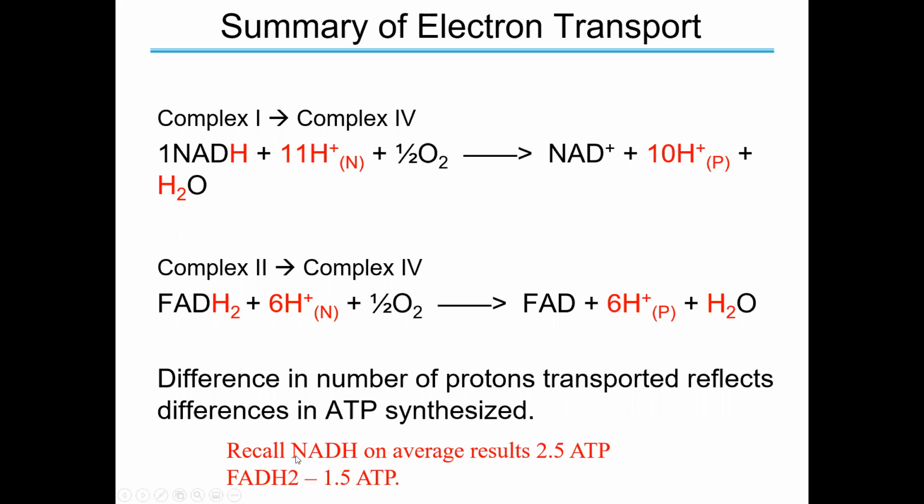That's why NADH on average results in production of 2.5 molecules of ATP, whereas FADH2, which starts out from complex 2, will only yield 1.5 molecules of ATP per molecule. So that explains the mystery of why one NADH gives you 2.5 molecules of ATP, while one FADH2 molecule gives you 1.5 molecules of ATP.